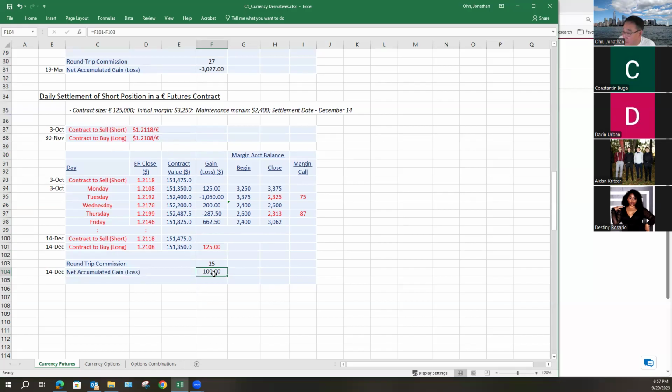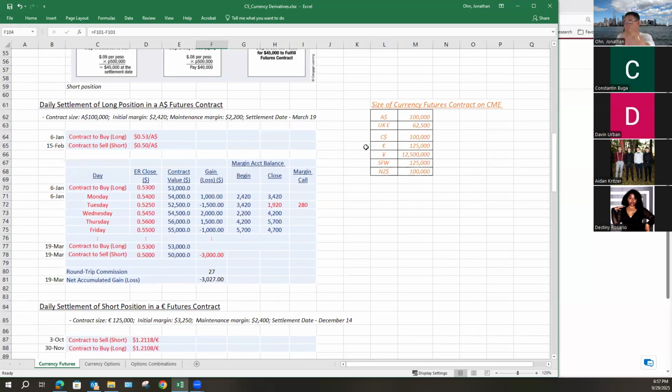That was an example of futures contract transactions, one long position and one short position.